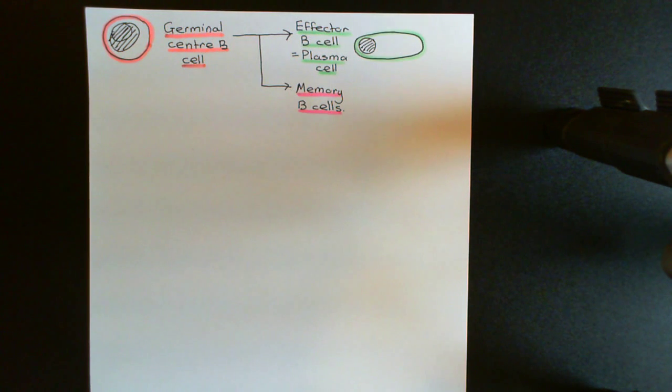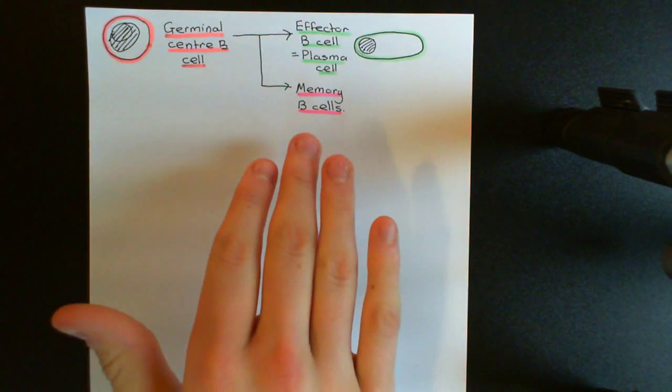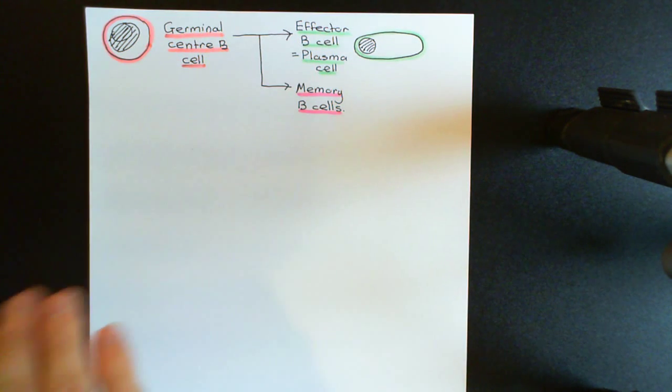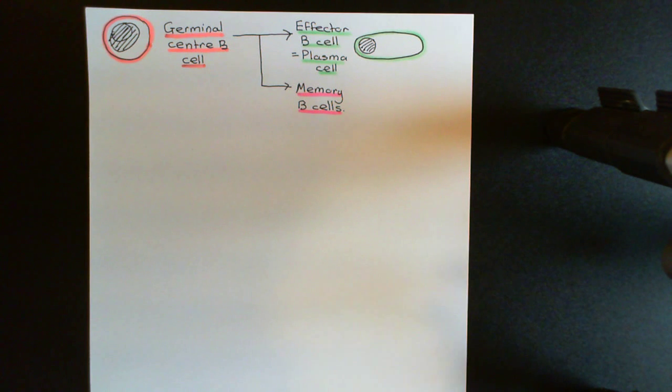Now, on the secondary adaptive immune response, when you're infected the second time, you'll have a big population of memory B cells, and that means that we can activate the humoral adaptive immune response much quicker, because it's going to take much less time for one of the antigen molecules, or a fragment of the pathogen with lots of the antigen molecules on it, to actually reach one of these memory B cells and therefore activate them.